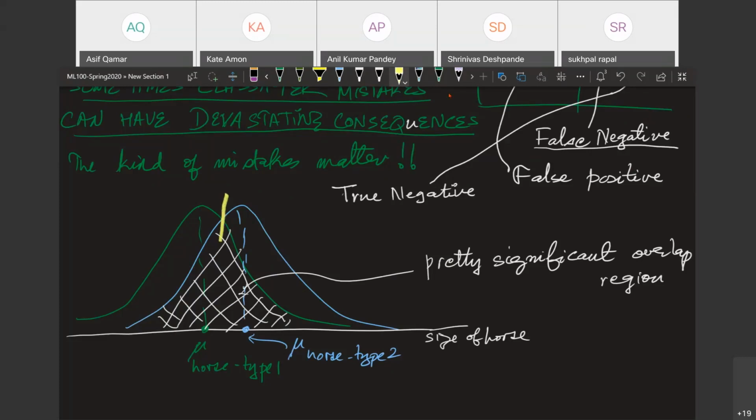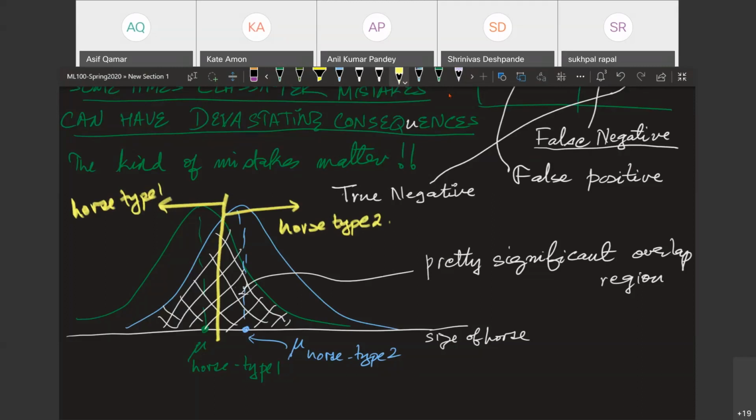Once again, you take the hilltops and you bisect them. So this region is horse type 1. This region is horse type 2. You realize that there will be a lot of blue horses here, and there will be a lot of green horses here.